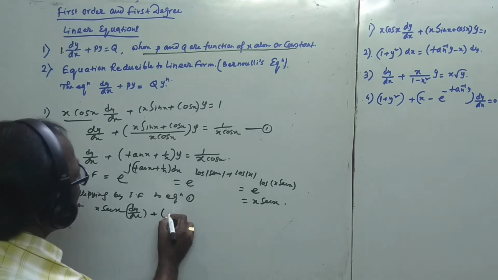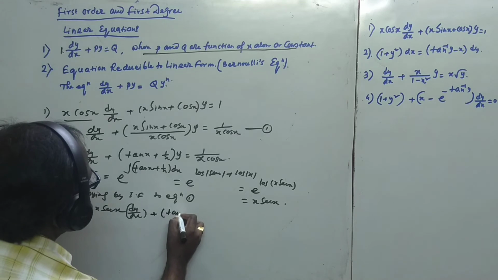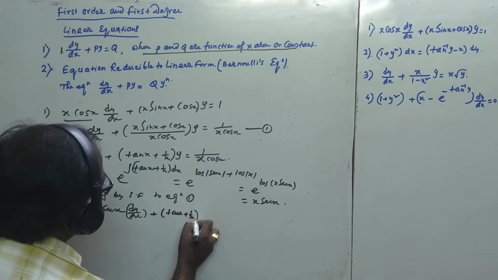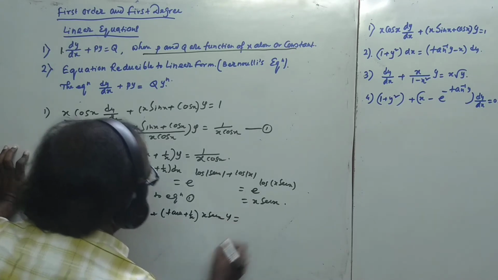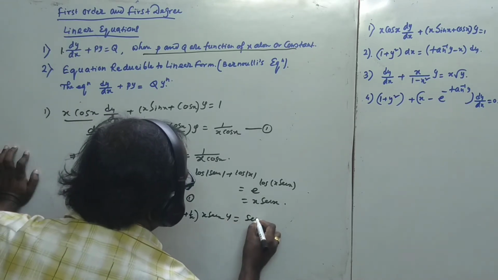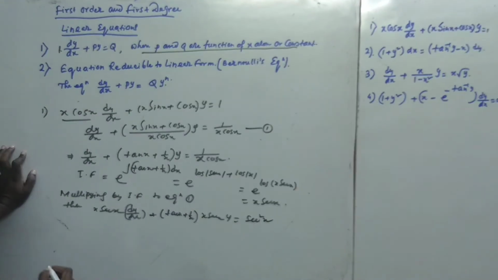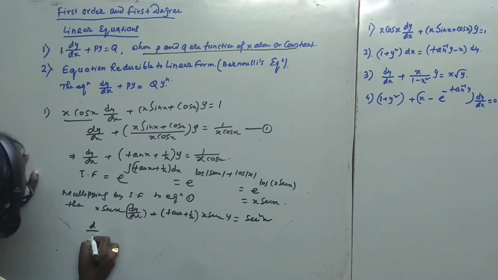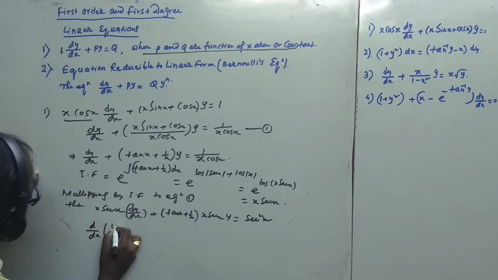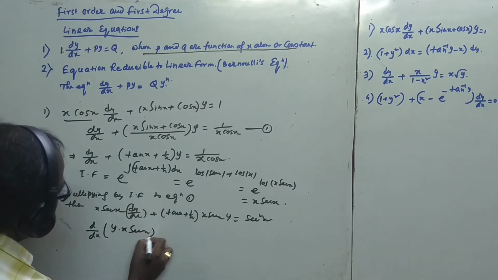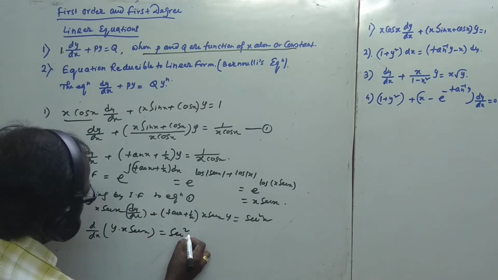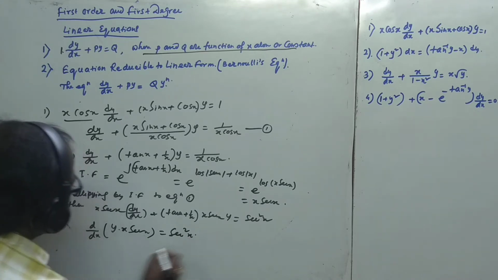Tan x plus 1 by x sec x y, and this is sec square x. You know the form, that is y into integrating factor, that is x sec x, and that is equal to sec square x.